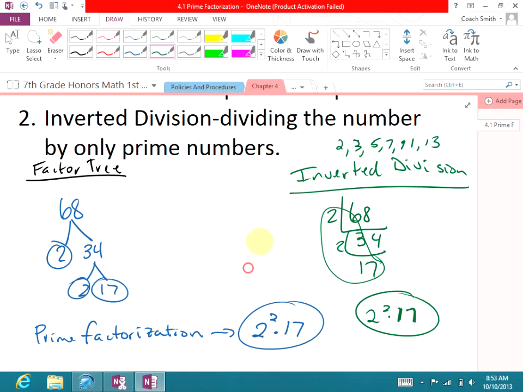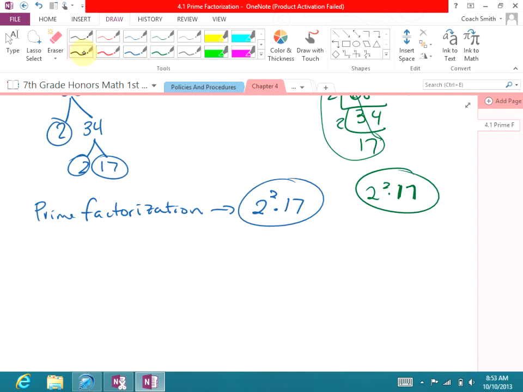The reason I am a bigger proponent of inverted division is because when you get to numbers like this, 588, and you're going to do the factor tree, you're going to take 2 times whatever is 588, instead of coming up with 2 other factors.